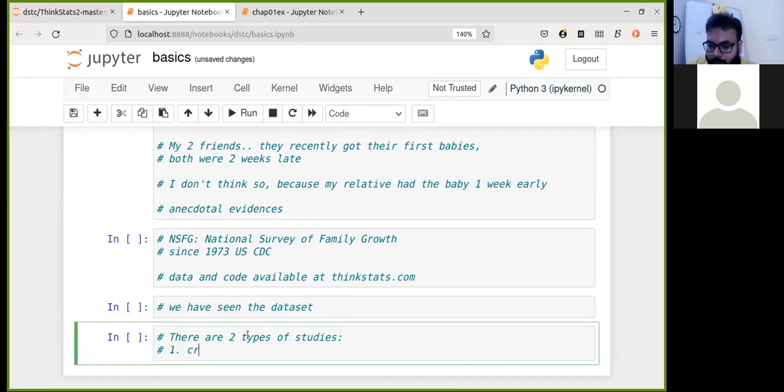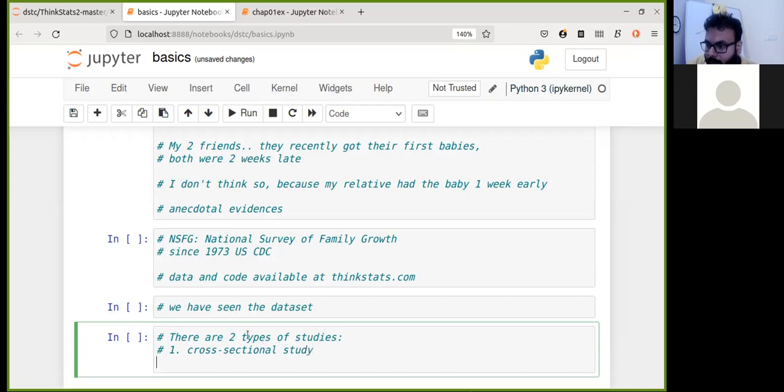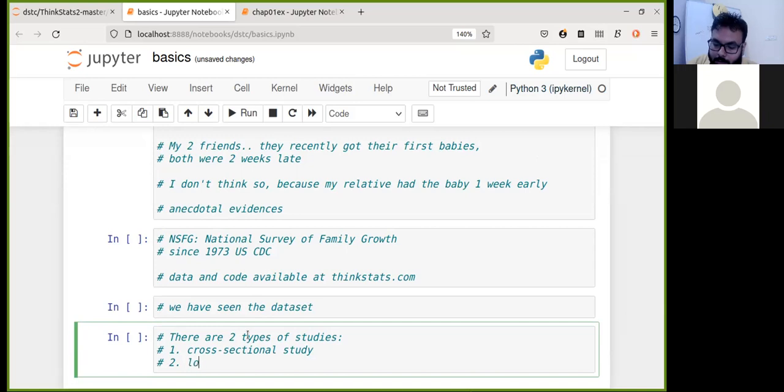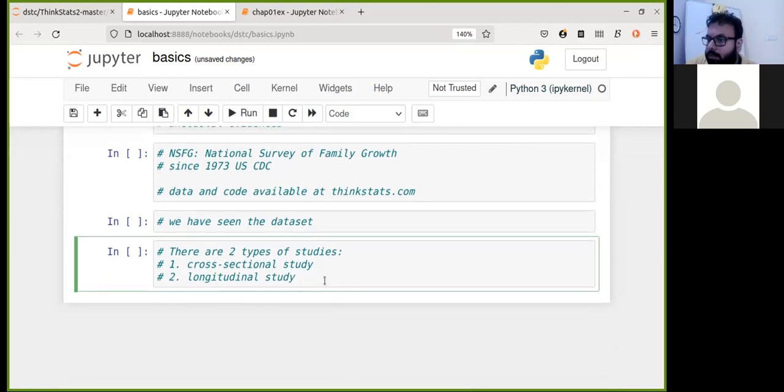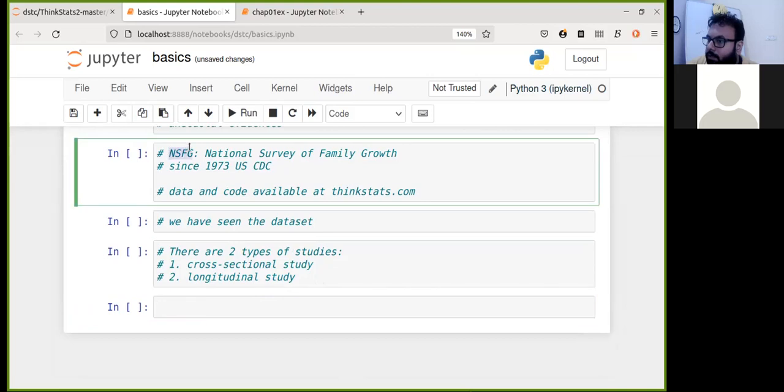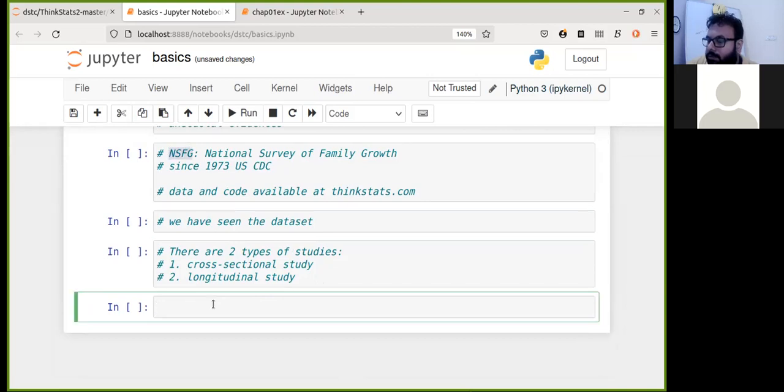One is cross-sectional study, and the other one is longitudinal study. So my question here is, what kind of study is this NSFG data?